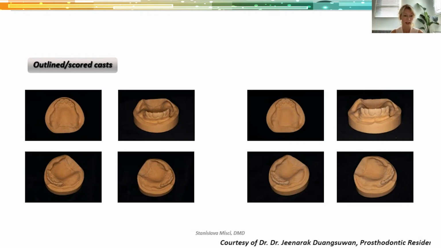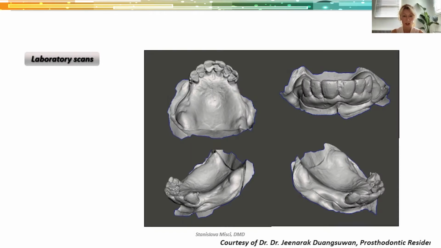So based on that, our borders are more predictable for the restoration versus if they're just based on the scan, in which case most of the time we have overextension of the denture. So these are lab scans now of the models. We did intraoral scans at the chairside and then took impressions. The impressions we scored and scanned as well.